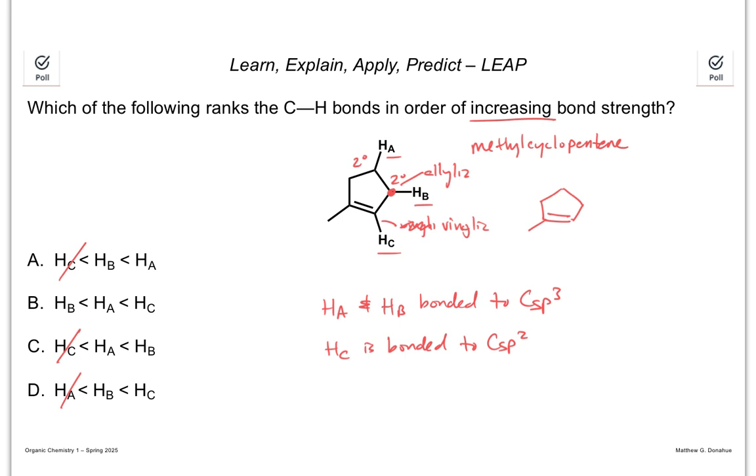And then once we look at the sp3 hybridized ones, we classify them, and then the HB is the unique one because it's allylic. Any questions on that? So if you were to run a reaction on this, HB is the one that's going to get substituted. That's what it's telling you.